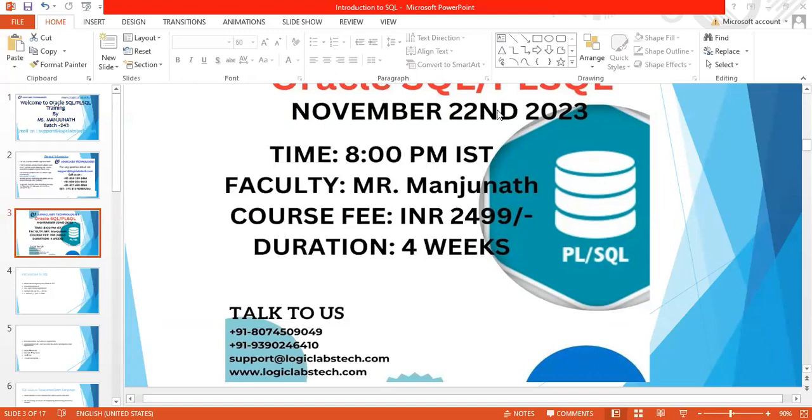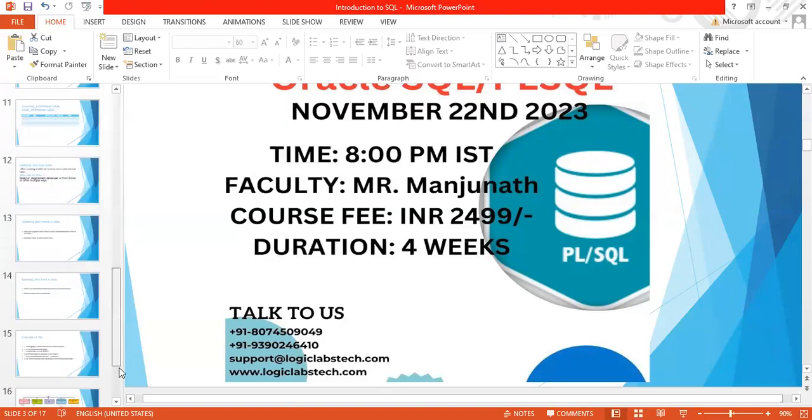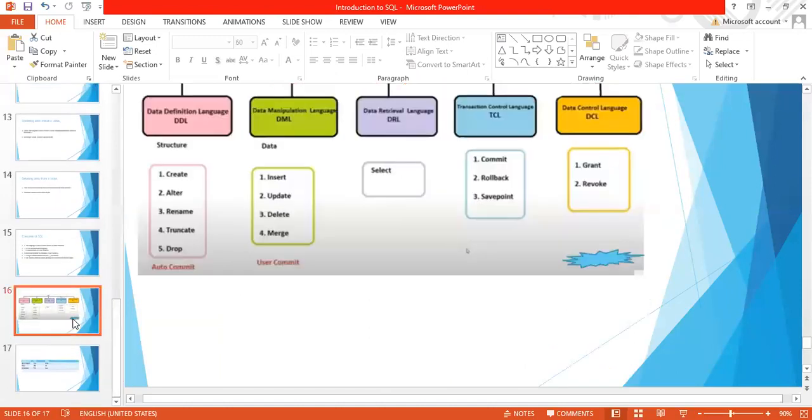SQL and PLSQL, I can say, are majorly into coding itself. We will be having commands. As an Oracle developer, the person who works on Oracle is called an Oracle developer, and our major target is maintaining the data.